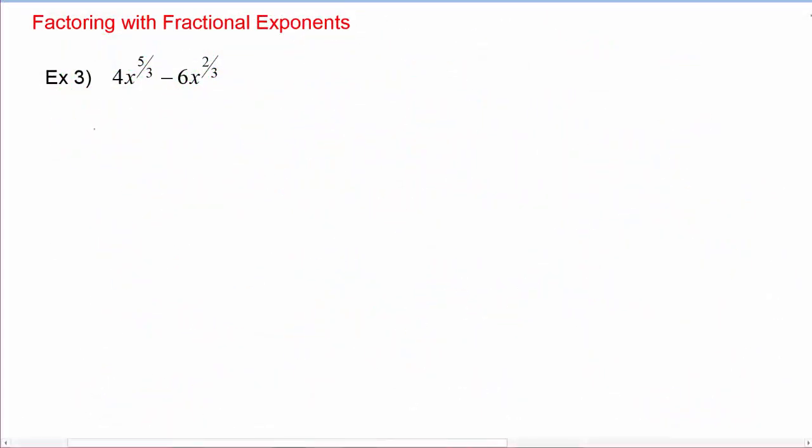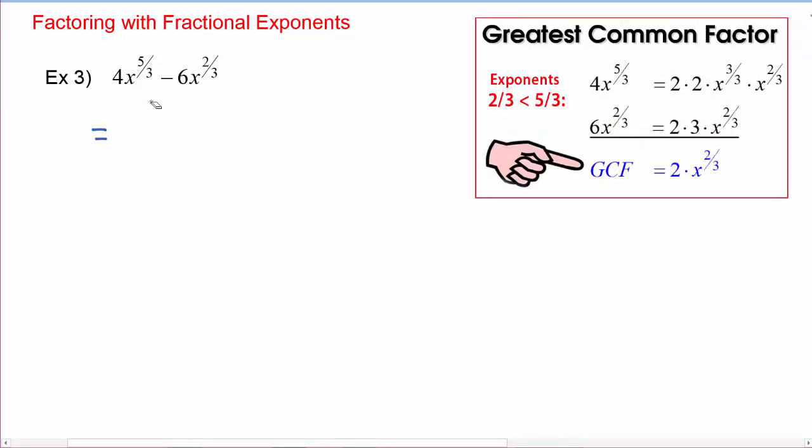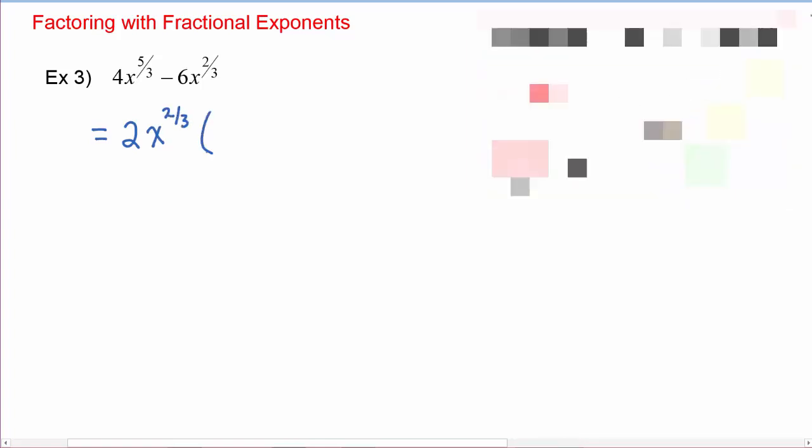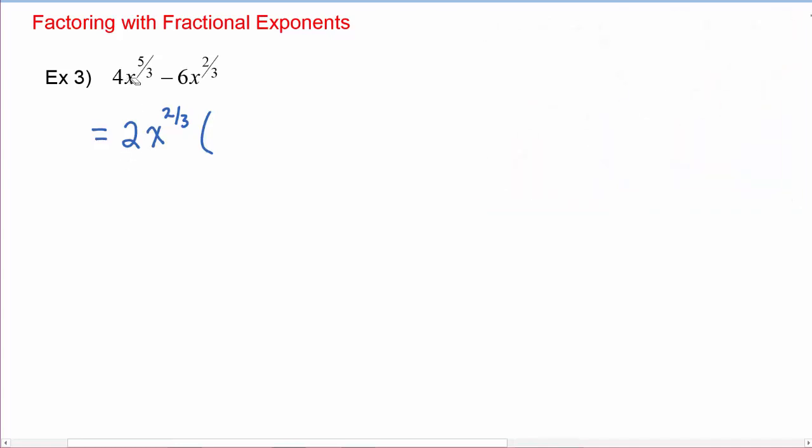So we first have to take out our GCF, which we can see between 4 and 6. The coefficient we can pull out as a 2. Between x to the 5/3 and x to the 2/3, the smaller exponent is 2/3, so that's what we can factor out, x to the 2/3. And then what we'll have left doing the division here, 4 divided by 2 is 2.